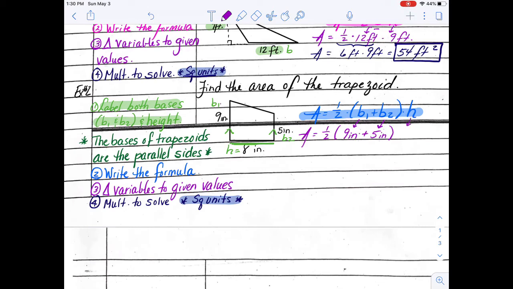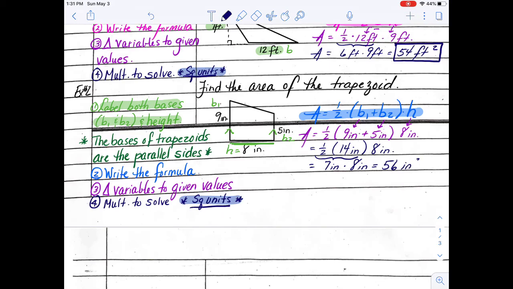And now my height, well, that height was the 8 inches. Now I can multiply in order to solve. Let's do the parentheses first for that order of operations, and I get 14 inches times that 8 inches. What's half of 14? That's 7 inches. Very good. Times that 8 inches. 7 times 8 is 56. And again, it's square units. Oops, I almost put feet.